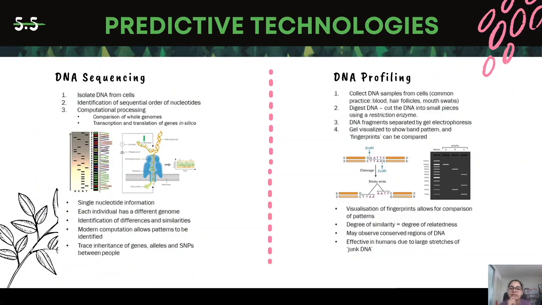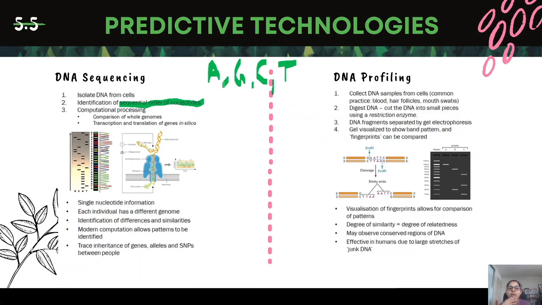When we do DNA sequencing, what makes us unique is seen in the base pairing of the nucleotides. There are 4 nucleotides: A, which stands for adenine, guanine, cytosine, and thymine.